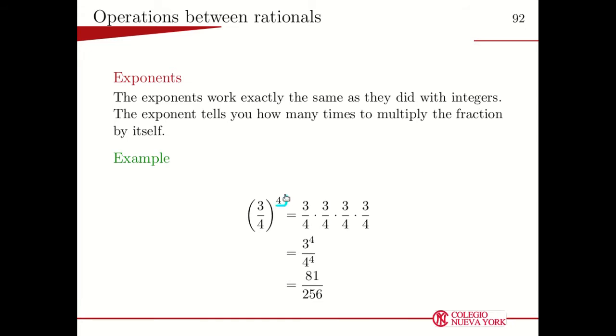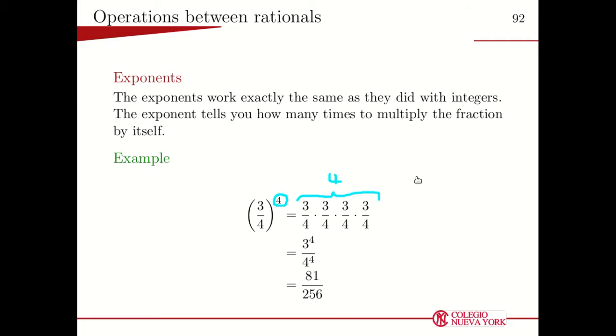Okay, so here we have the exponent 4. And what it is telling us is that we need to multiply 3/4 a total of 4 times, exactly the same way that we used to do it with integers or with natural numbers.